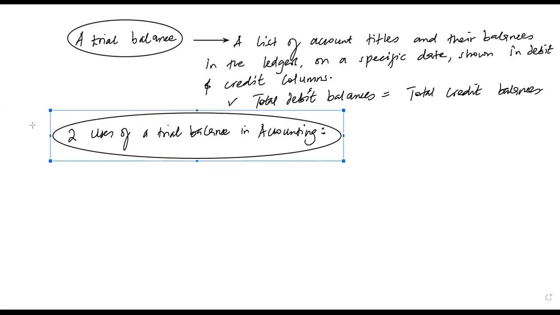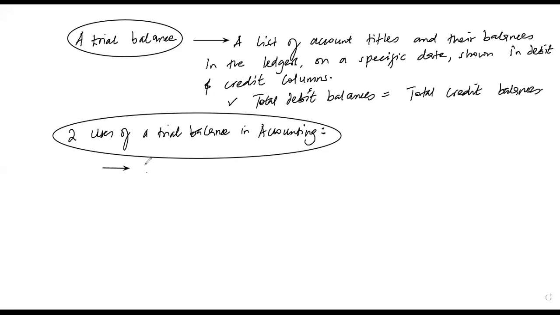Let us look at some of the uses of the trial balance. First of all, the trial balance is used to check the arithmetic accuracy of the double entry system. If we want to check the accuracy of our double entry system, then we have to prepare the trial balance.